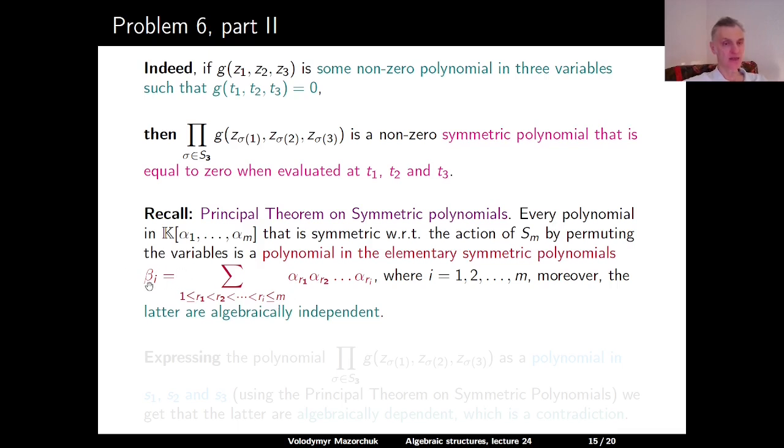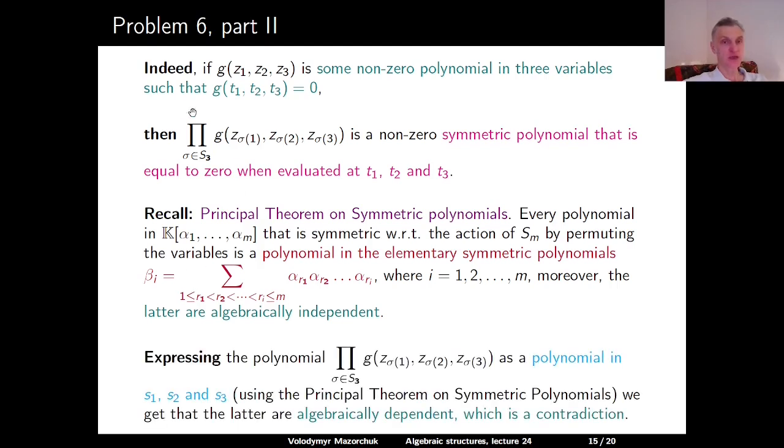Moreover, these elementary symmetric polynomials are algebraically independent. We can use this theorem to express our symmetric polynomial as a polynomial in S1, S2, and S3, because S1, S2, and S3 are exactly the elementary symmetric polynomials. And this would imply that these elementary symmetric polynomials are algebraically dependent, and that's a contradiction with this principal theorem on symmetric polynomials.